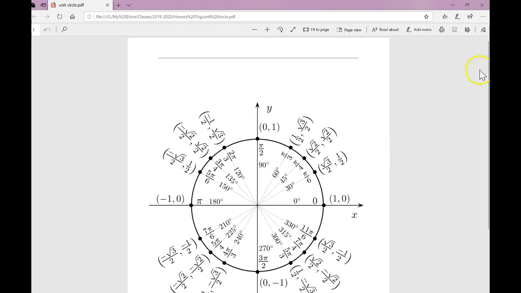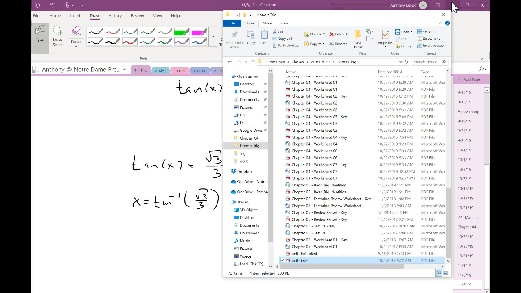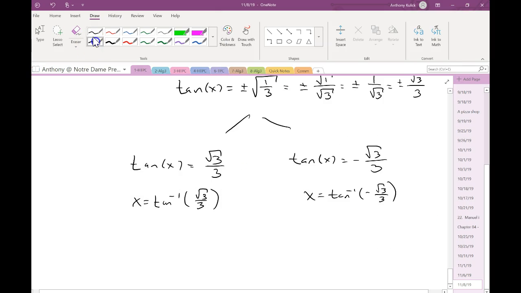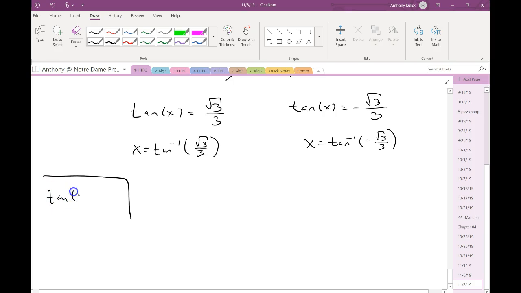So you say pi over 6, okay. So to evaluate tangent, we do y over x. So just as a little aside here, that's going to be 1/2 over square root 3 over 2.